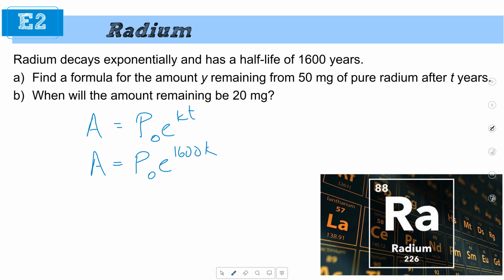If I start with P naught radium, how much will I have after 1,600 years? Half P naught. And one thing I said is the first thing to do is solve for that. So regardless of what these two things are, I'm going to end up with that. And that's a really important idea, and I want to make sure you get that before we move on.